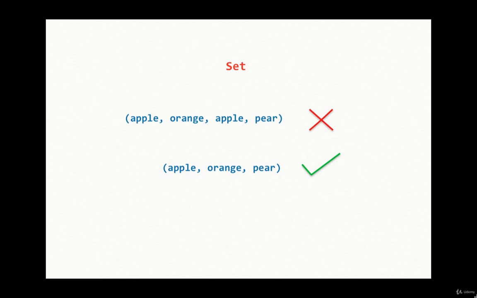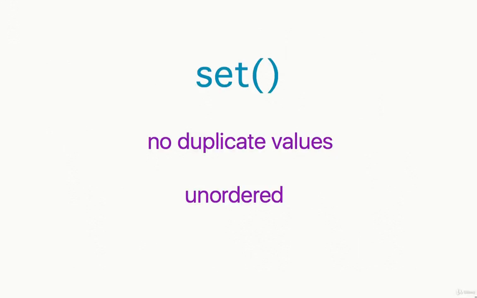The second example, where we have three elements, apple, orange, and pear, is a set because there are no duplicate values. So the point to remember about set is there are no duplicate values in set and sets are unordered. There is no sequence of set.